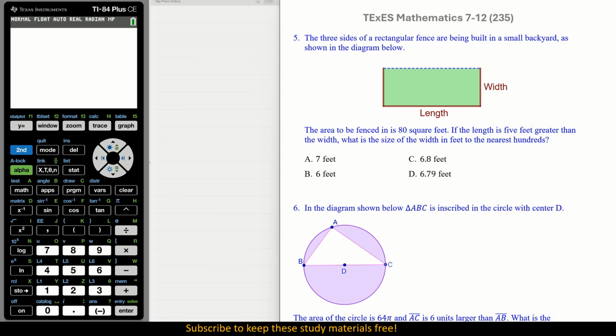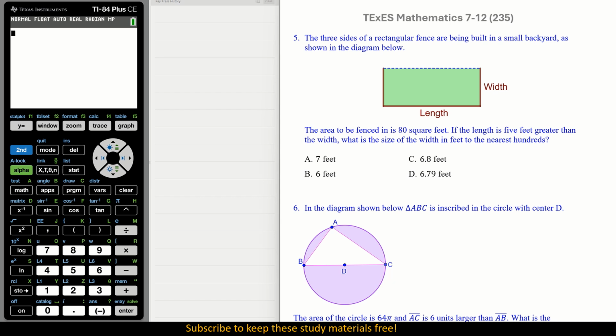Number 5. The 3 sides of a rectangular fence are being built in a small backyard, as shown in the diagram below. The area to be fenced in is 80 square feet. If the length is 5 feet greater than the width, what is the size of the width in feet to the nearest hundredths?